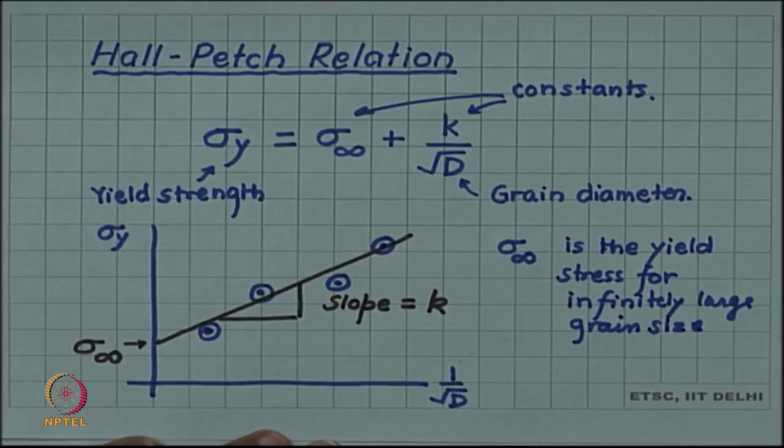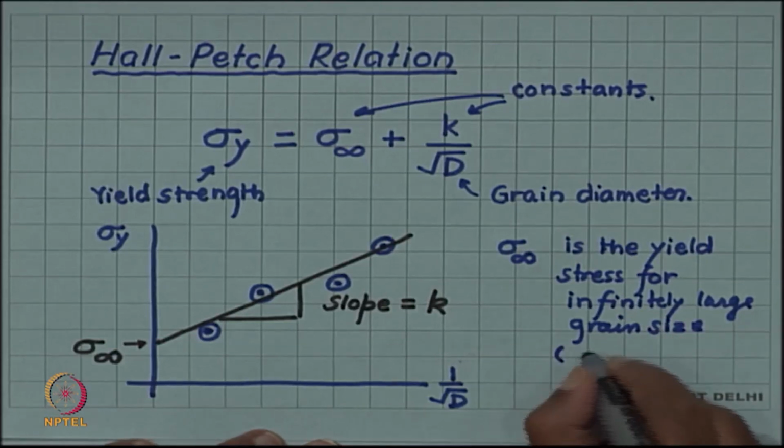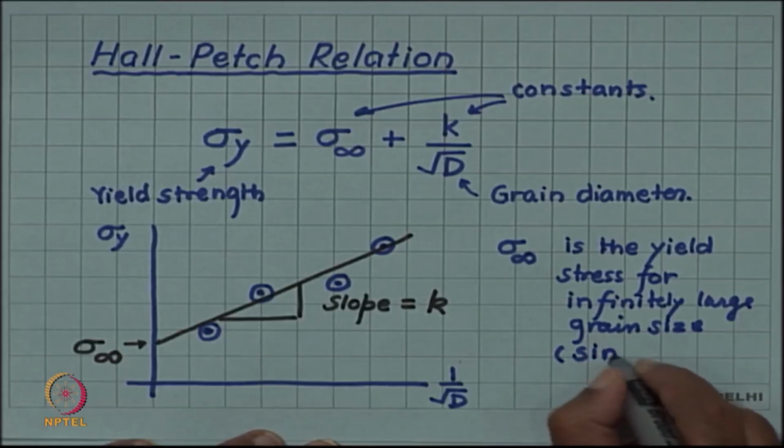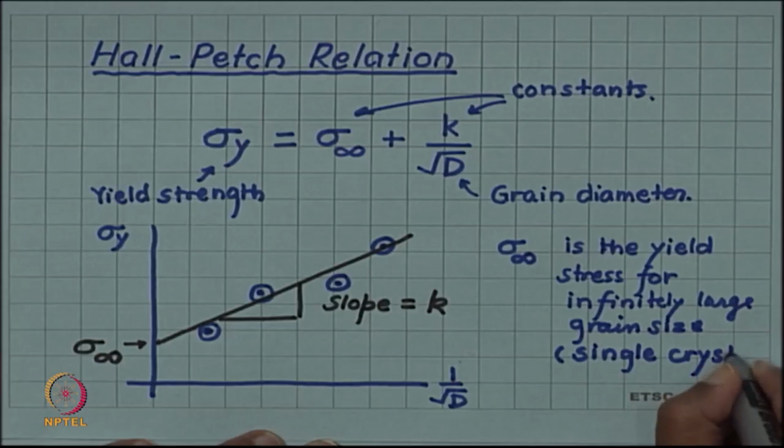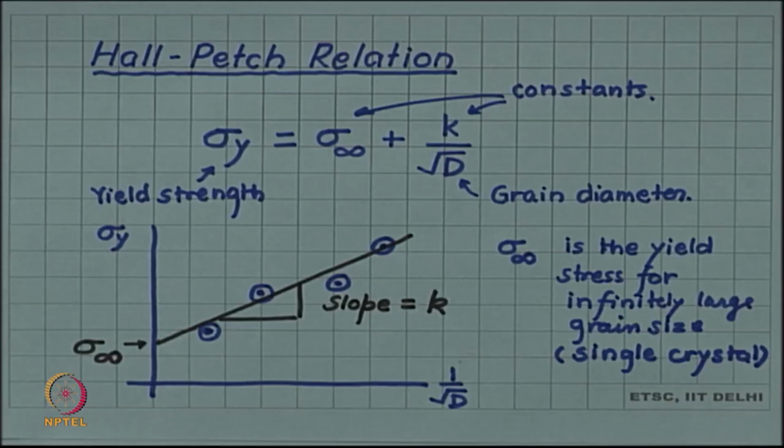Infinitely large grain size you can assume to be a single crystal, because there are no grain boundaries. So, sigma infinity can be thought of as the average yield stress of a single crystal.